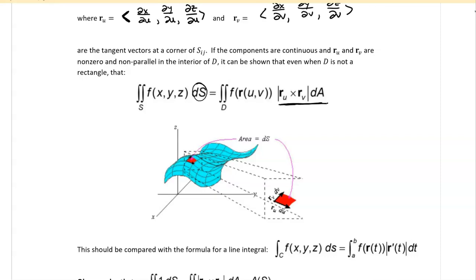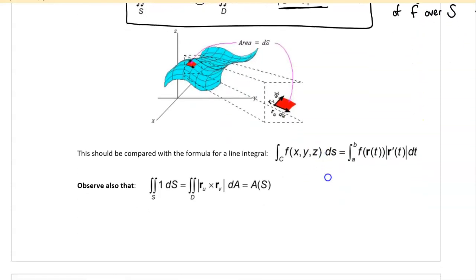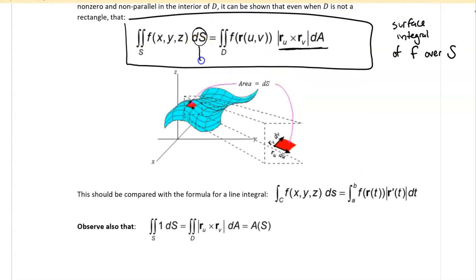So this right here is an important thing. This is your surface integral of f over S. You'll notice we are replacing this dS with, instead of the magnitude of r prime dt, now the magnitude of r sub u cross r sub v.